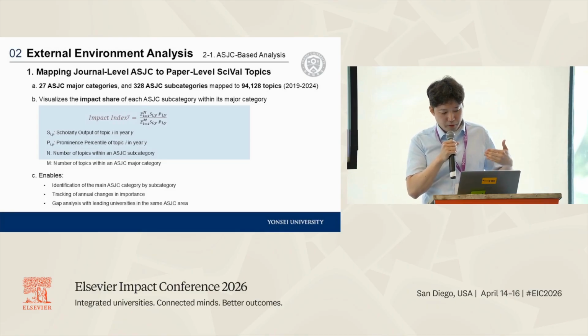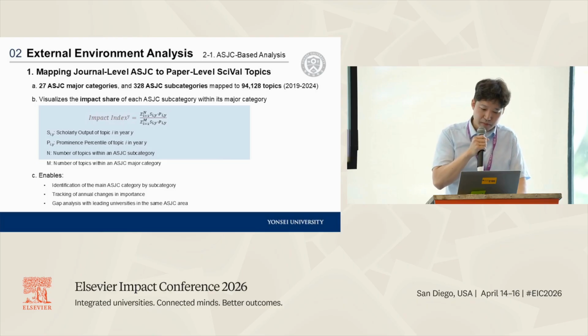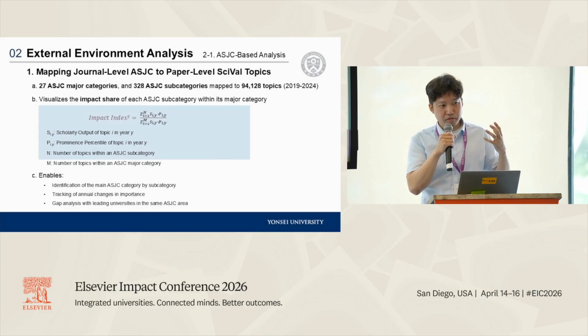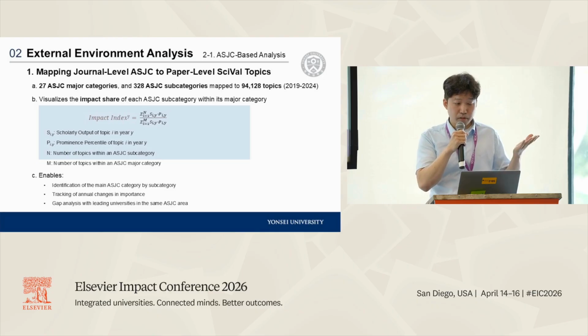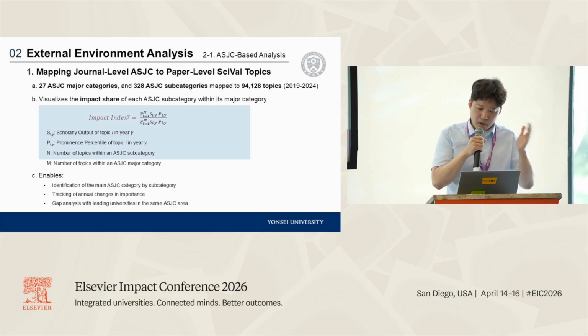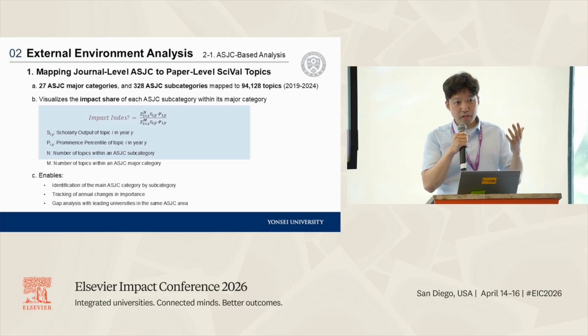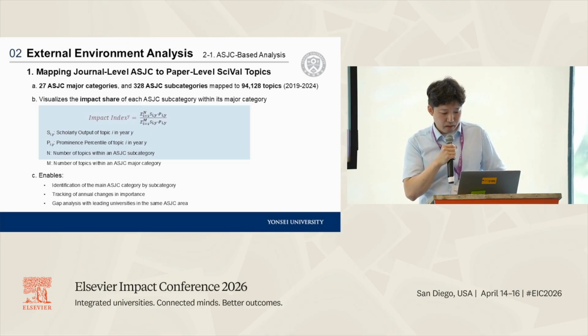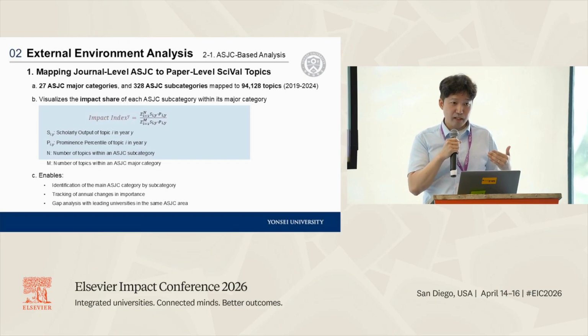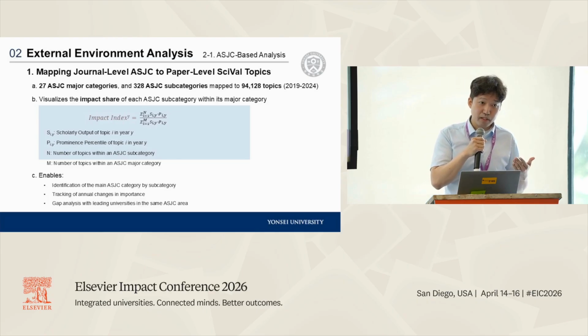The inspiration for this index came from my team leader, who suggested that prominence represents velocity, while scholarly output represents volume. Multiplying them would result in a measure of power. And when we put this idea into practice, it proved to be a highly significant indicator.